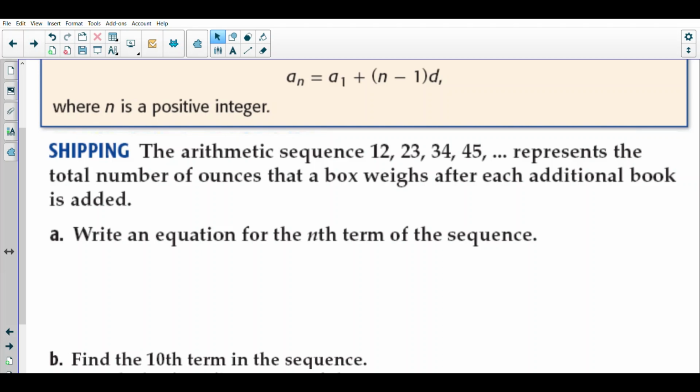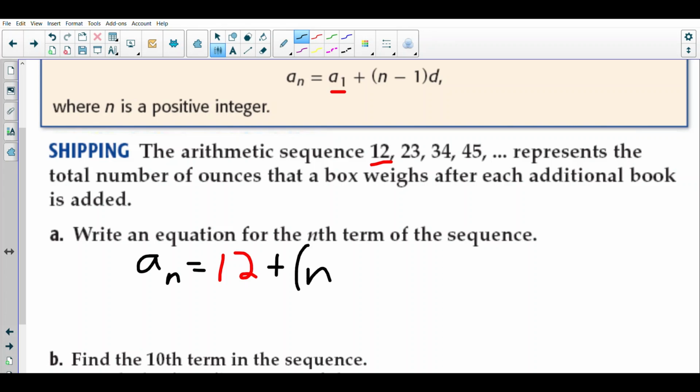So we're going to start with our equation. a sub n is equal to, now our first term is a1, so we write 12, plus, now we don't know what n is, so we write n minus 1, and we can tell our common difference is 11.